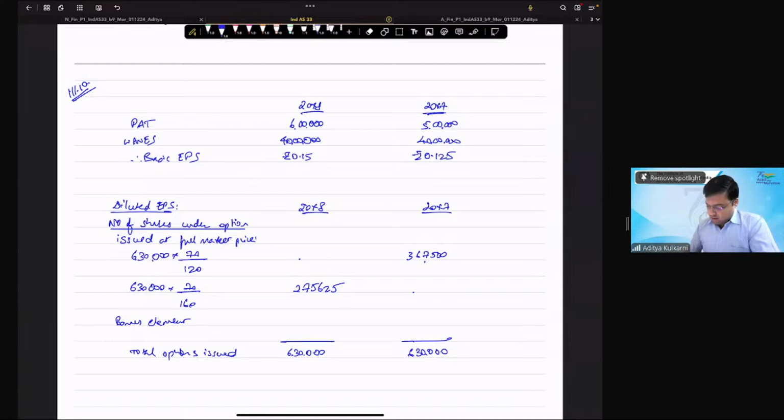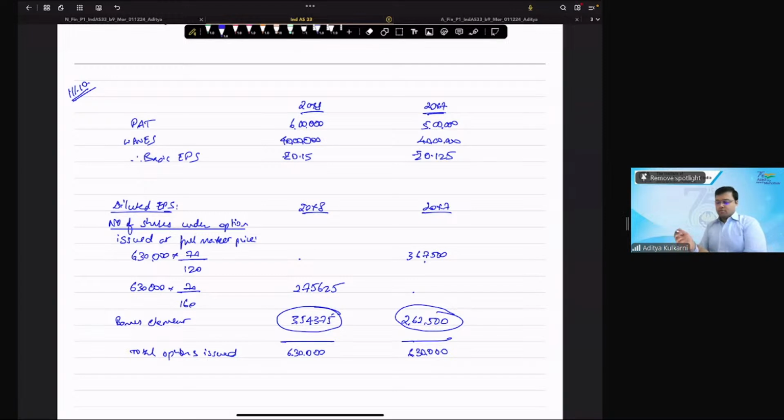Okay, all right, fine. So your bonus component will be the balancing figure, 3,54,375, and here it will be 2,62,500. Is it okay?